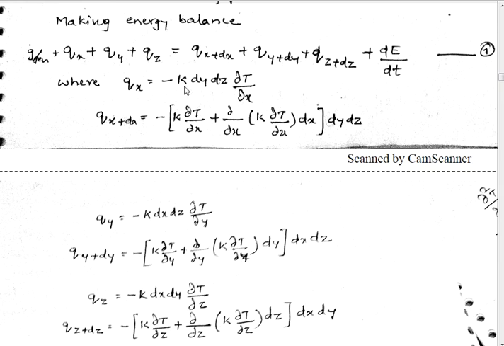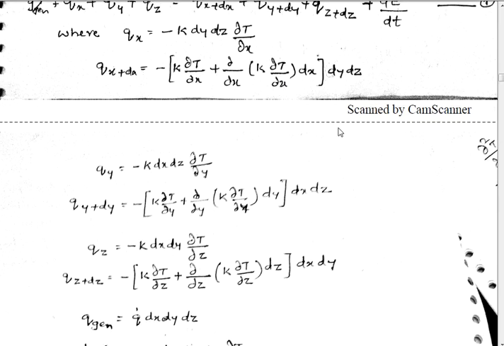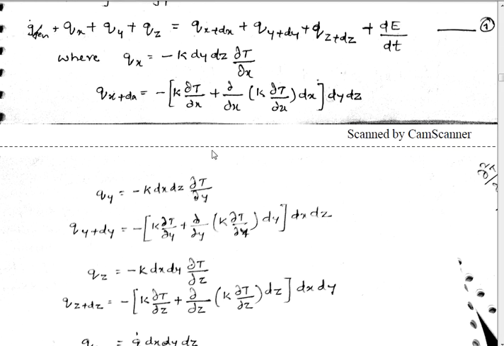Where qx is minus k dy dz ∂T/∂x, and qx plus dx is equal to minus k ∂T/∂x plus ∂/∂x of (k ∂T/∂x) dx, times dy dz. Then qy is equal to minus k dx dz, which is the area.